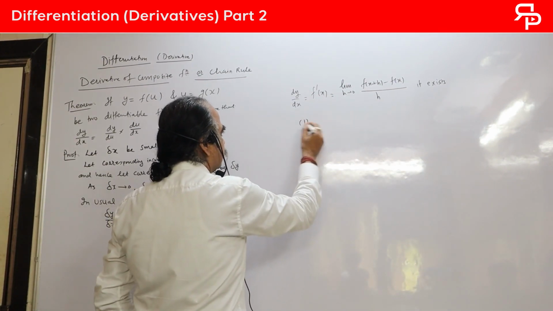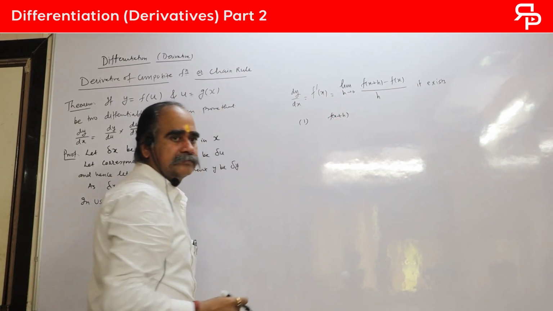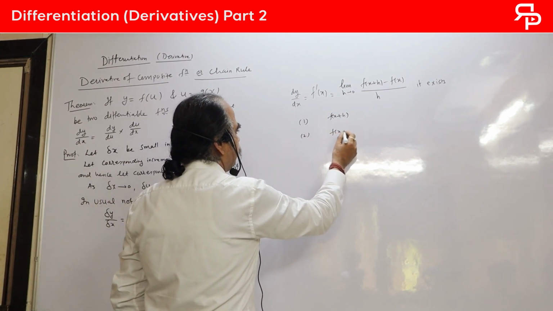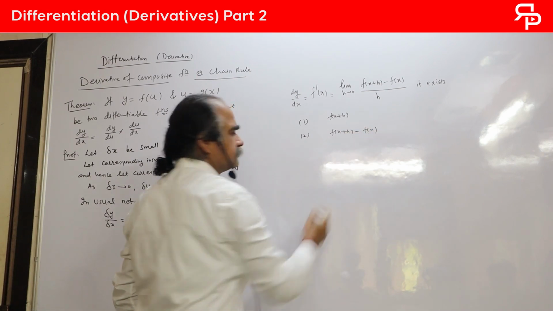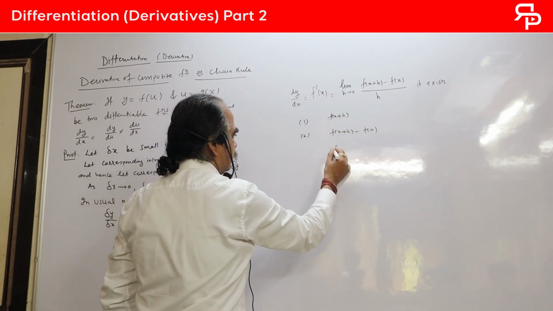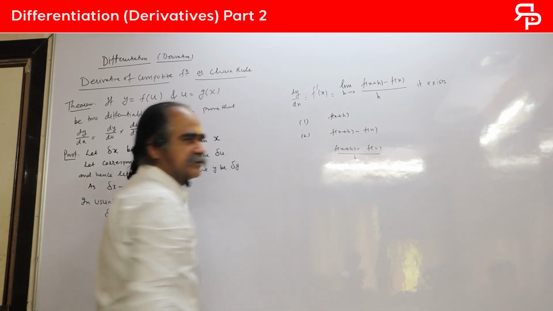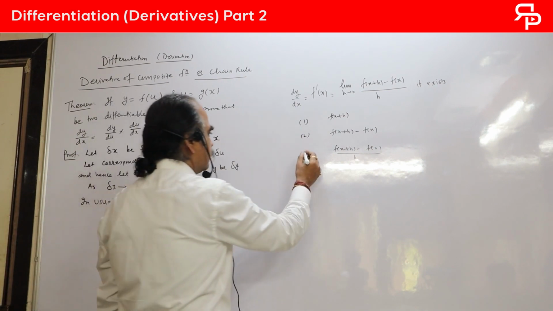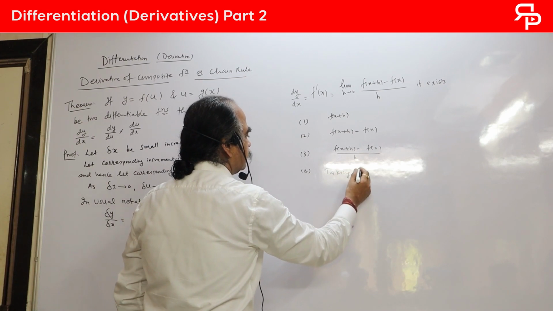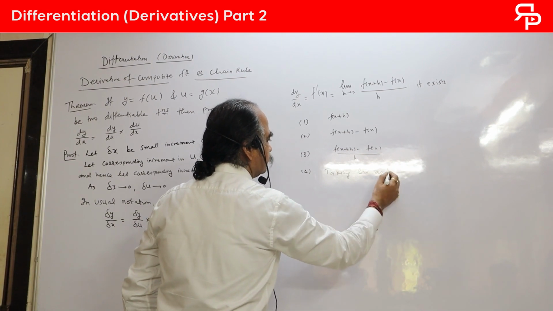And then I told various steps. First step was f of x plus h. Second step is f of x plus h minus f x. Third step is to find this limit, f of x plus h minus f x upon h. Fourth step is taking limit as h tends to 0.